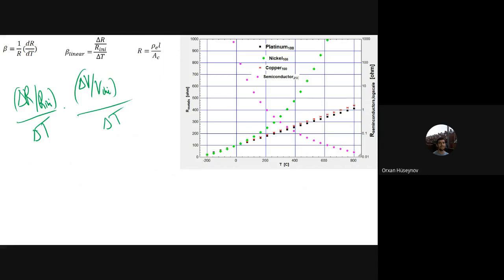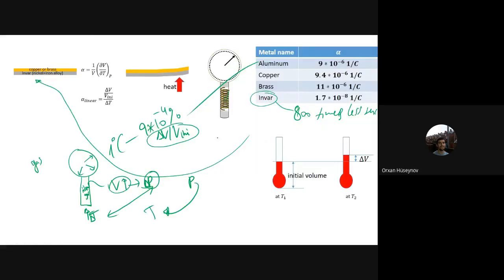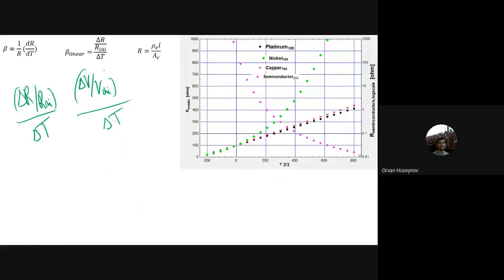And also in the same way, we are looking for the methods or the materials that have a linear relationship. So in the first case, we said the change of volume with respect to temperature should be linear.